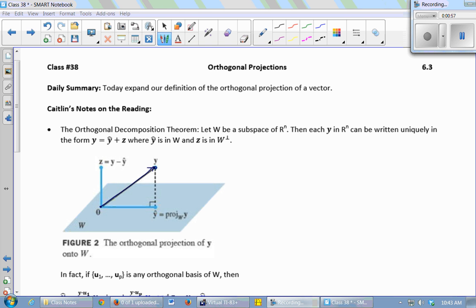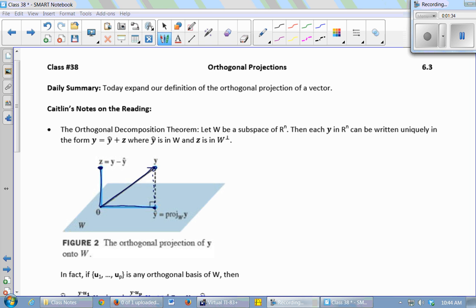It can be uniquely written in the form y equals y hat plus z, where y hat is in W and z is in W perp, right? So the orthogonal projection in the direction of W is this guy down here. We drop a perpendicular from y to the subspace W. And then z is orthogonal to W.